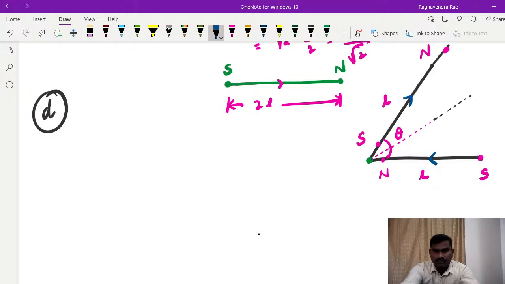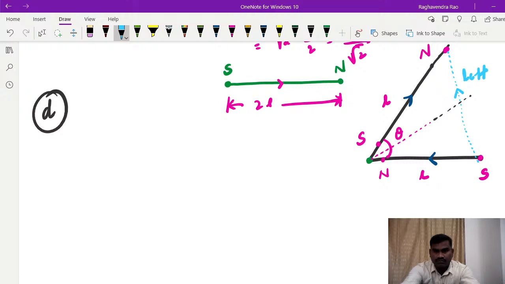Now if this is an angle, what is the magnetic field? That means magnetic length, which is a displacement vector, is directed from south to north. So this is the direction of the effective length or magnetic length. We can take this as L effective.